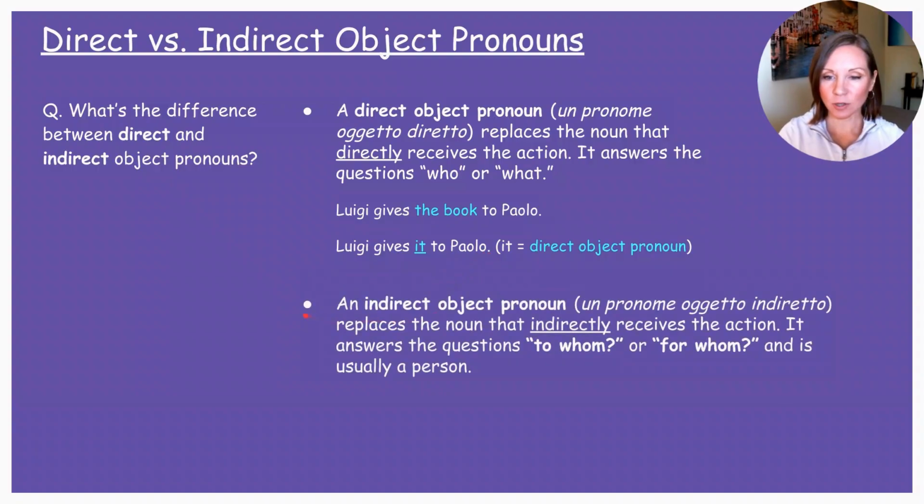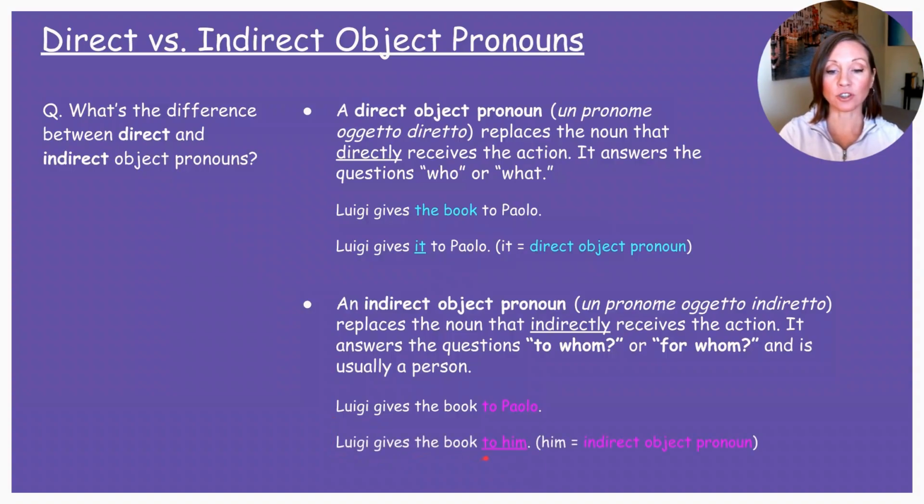An indirect object pronoun, un pronome oggetto indiretto, replaces the noun that indirectly receives the action. It answers the questions to whom or for whom and is usually a person. Okay, so in our example here, Luigi gives the book to Paolo.